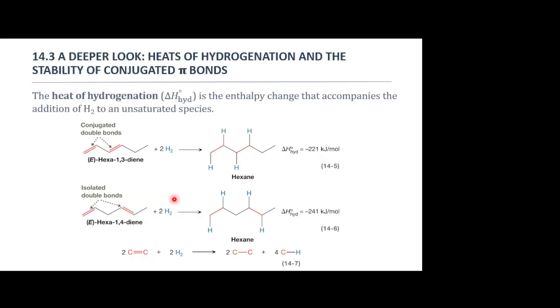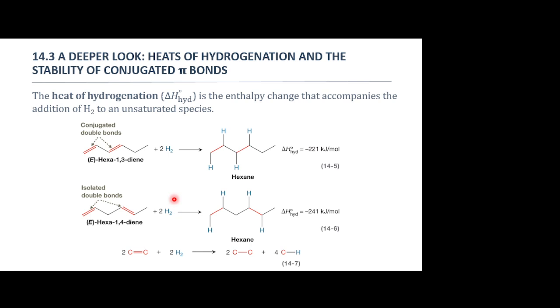So the heat of hydrogenation, this is delta H naught hyd, for hydrogenation, excuse me. This is the enthalpy change that's going to accompany the addition of H2 to an unsaturated species. This is essentially the energy of those pi bonds, right? That's the best measure we can do of what the energies of those pi bonds would be.